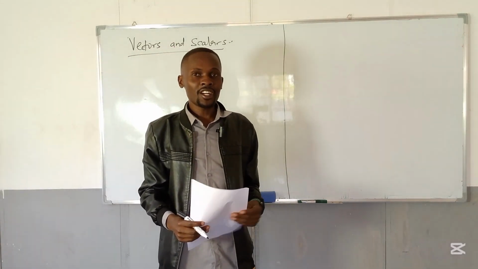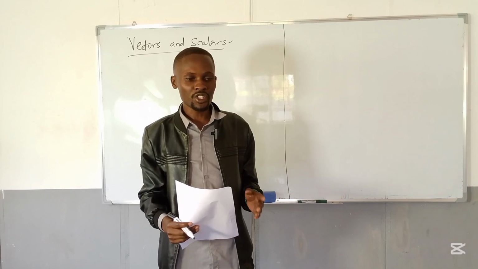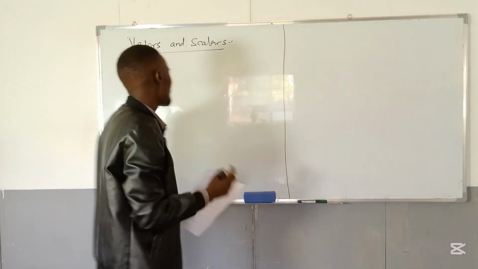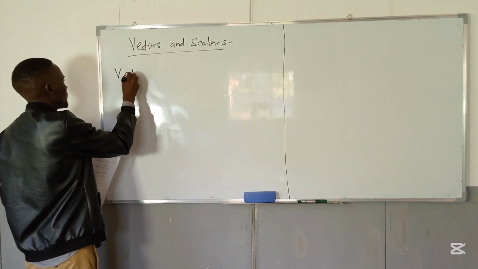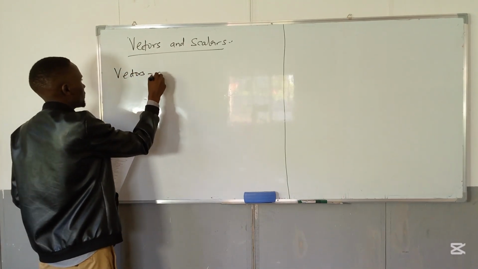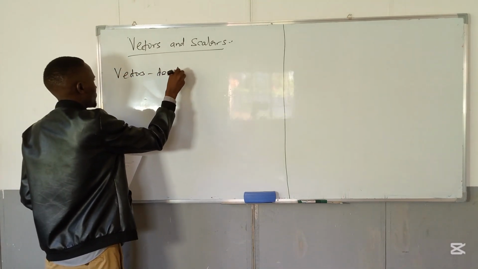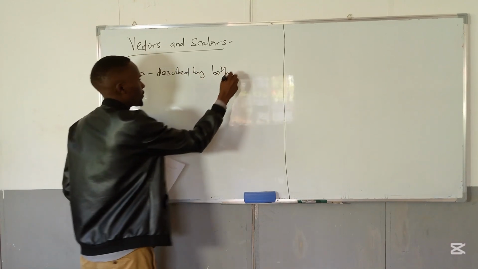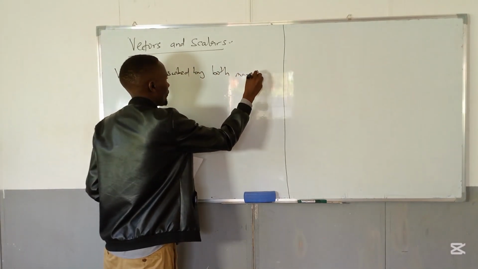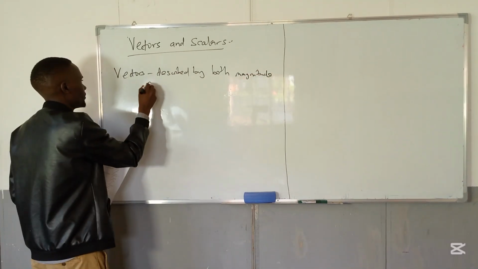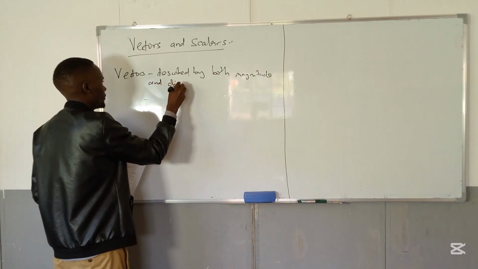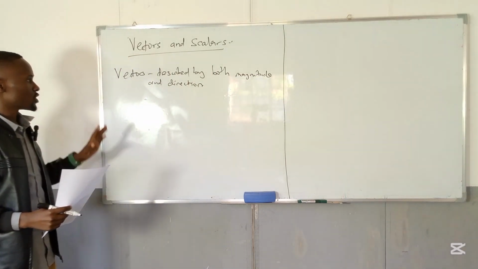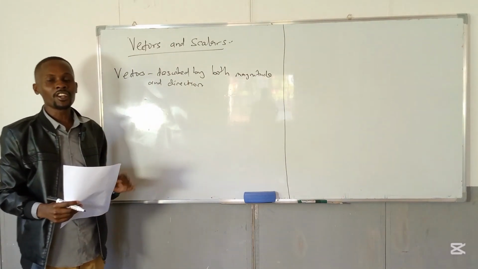A vector is a quantity which is described by both magnitude and direction.